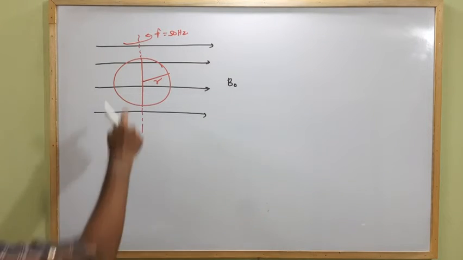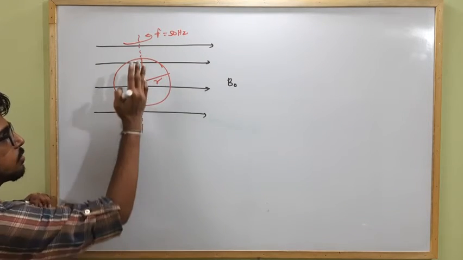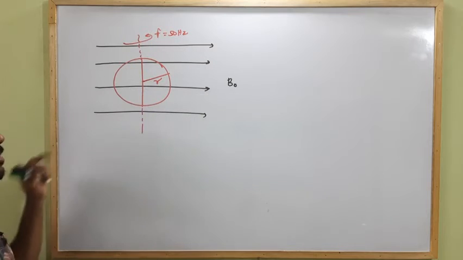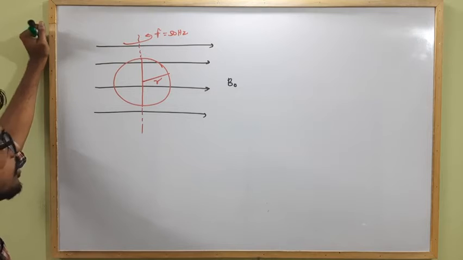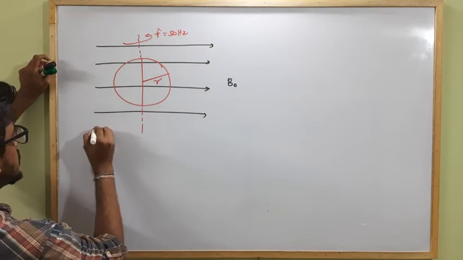Okay, there is a circular coil of radius r which is rotating about its diameter like this with frequency 50 hertz. Clear?